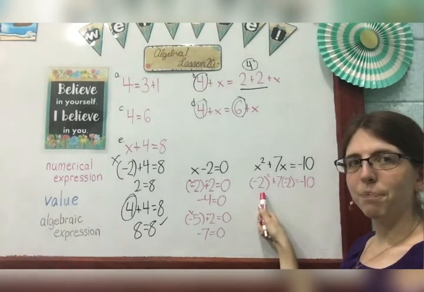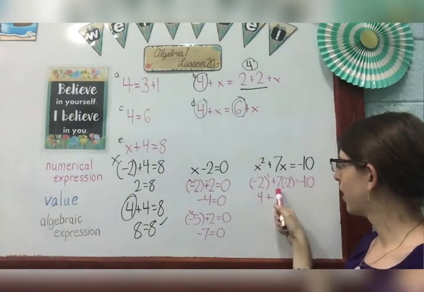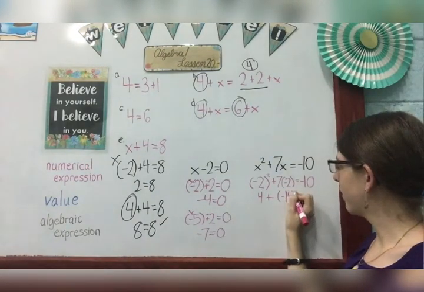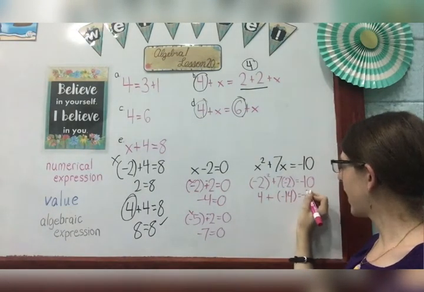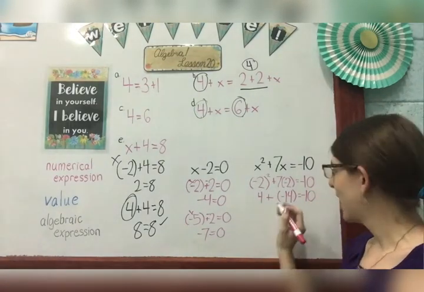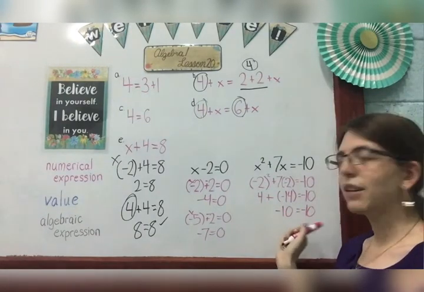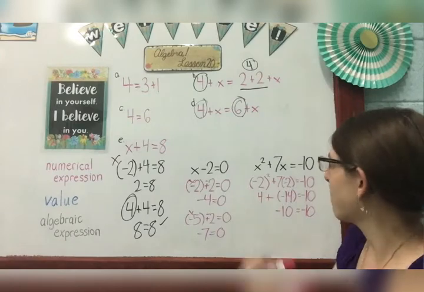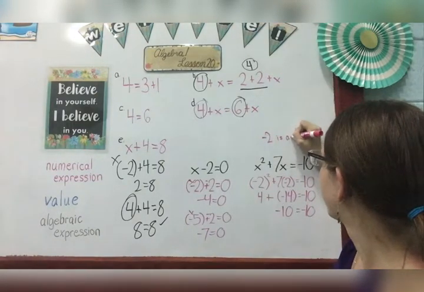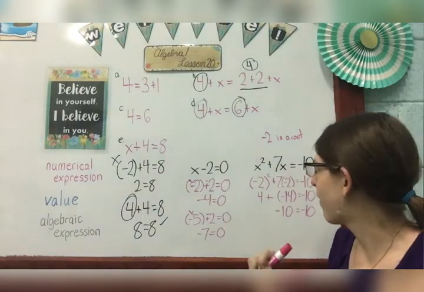Negative 2 squared, positive 4 plus 7 times negative 2, negative 14 equals negative 10. 4 plus a negative 14 is a negative 10. Negative 10 equals negative 10? Yep. So negative 2 is a root of the equation.